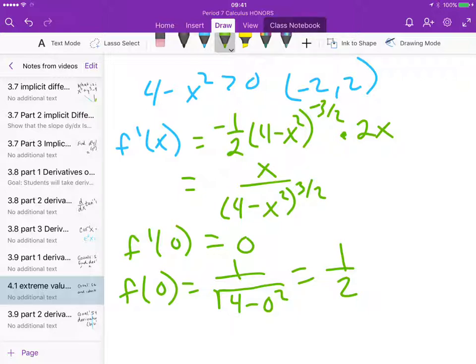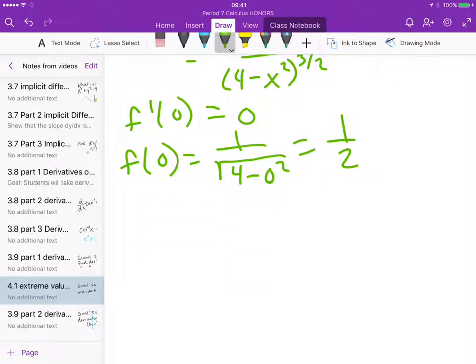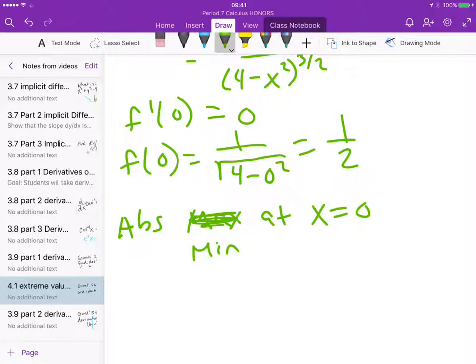So we have the absolute min at x equals 0.